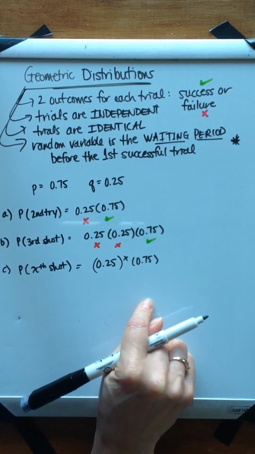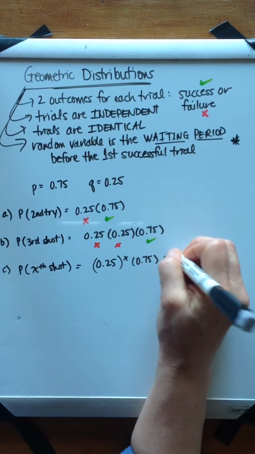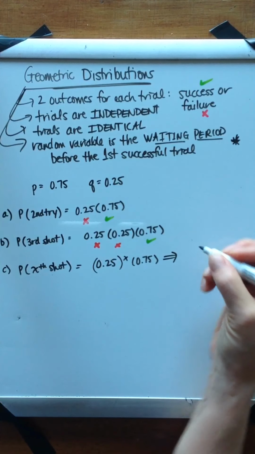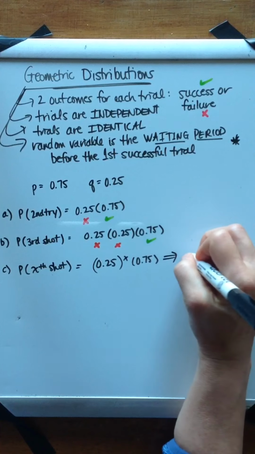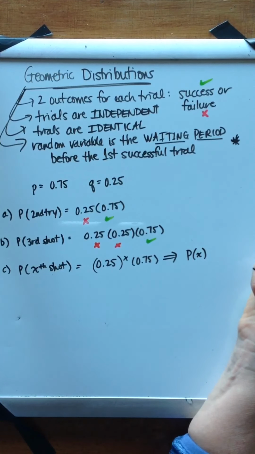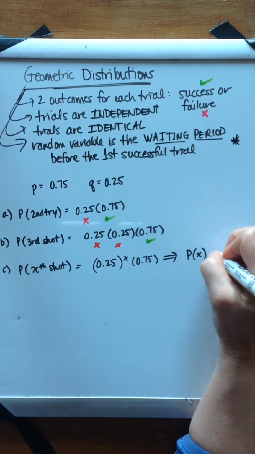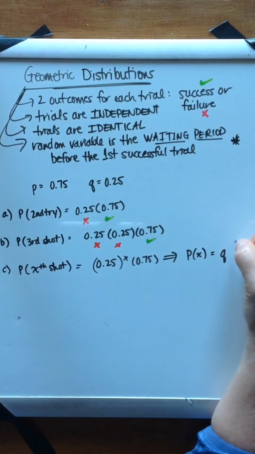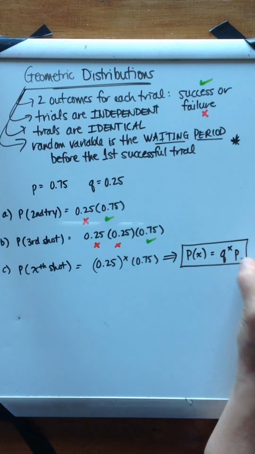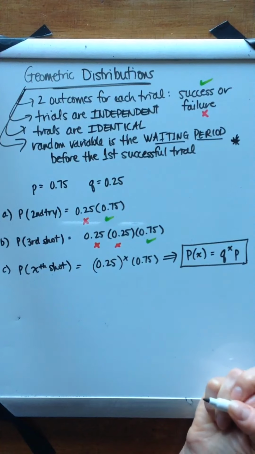And this is therefore how the equation for geometric distributions works when we're finding the probability. So the probability for a particular value of x, when our random variable is defined as the waiting period, is simply equal to the probability of failure to the power of x times that one chance of getting that success the next time around.